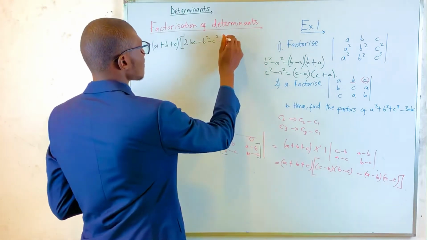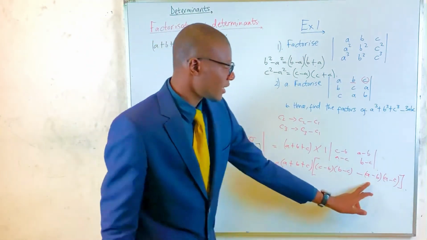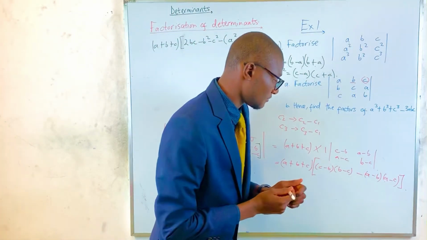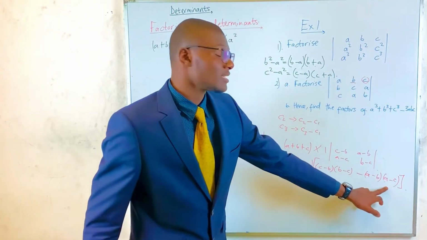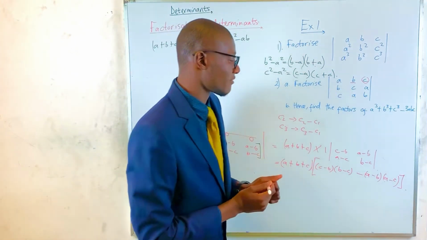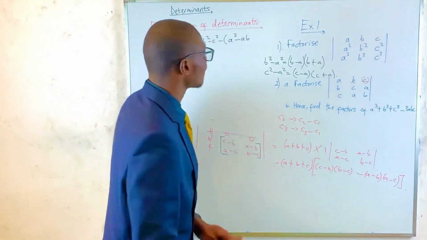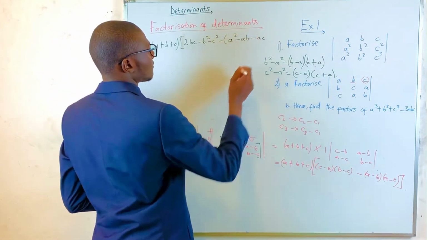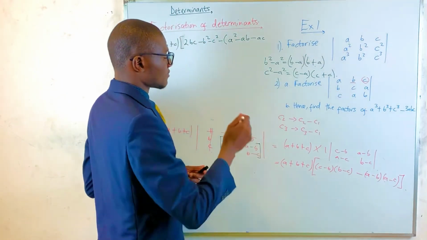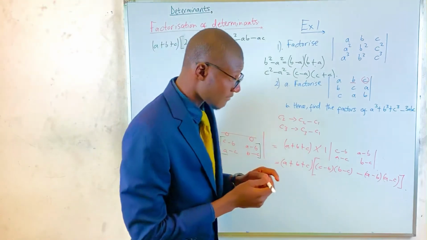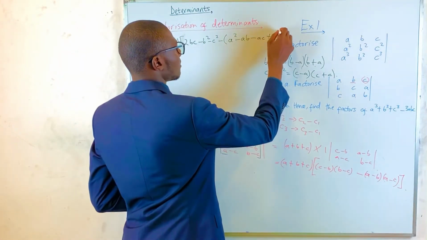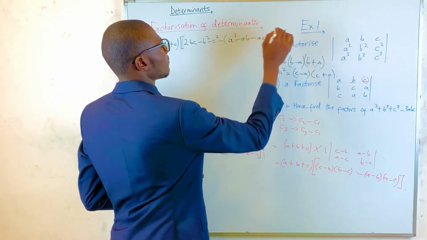And then minus A times A, that's A squared, then minus B times A, that's minus AB, then A times minus C, that's minus AC, and minus B times minus C, which is plus BC.